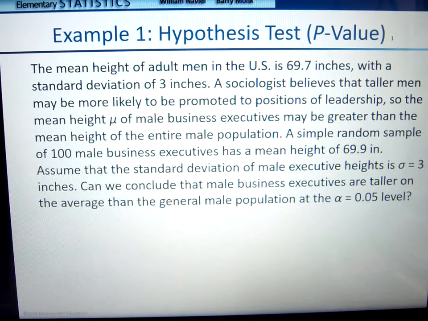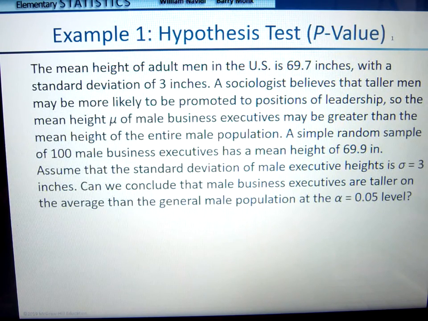Okay, so the mean height of an adult man is 69.7 inches with a standard deviation of 3. Sociologists believe that taller men may be more likely to be promoted to positions of leadership. So the mean height mu of male business executives may be greater than the mean height of the entire male population.